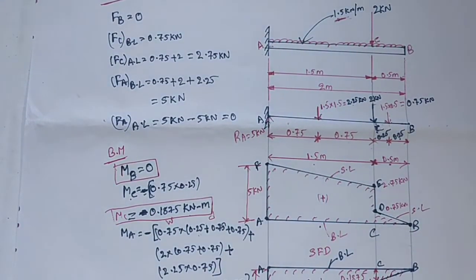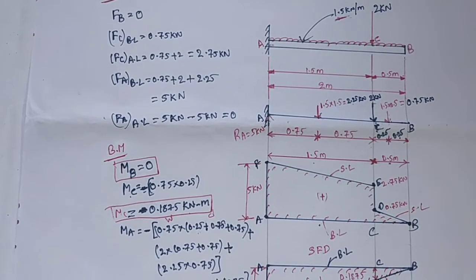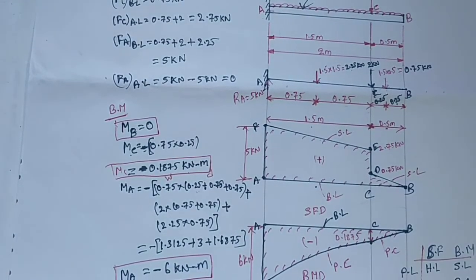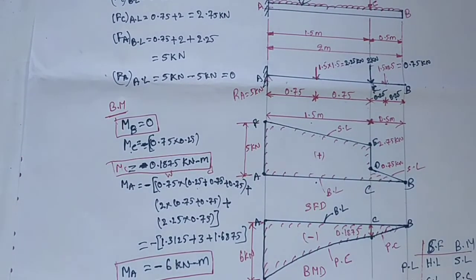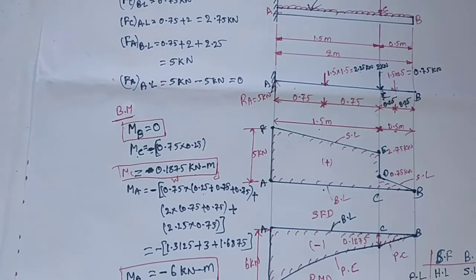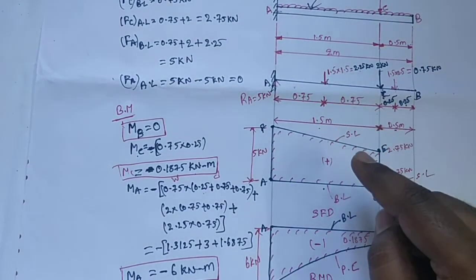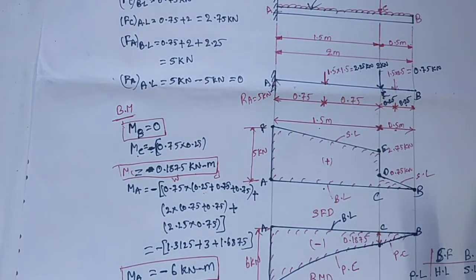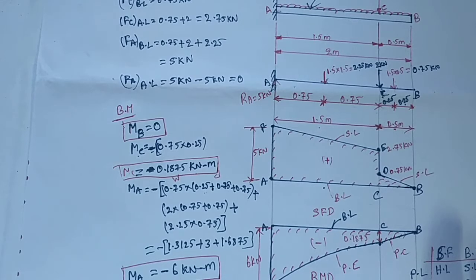After that, we need to calculate the shear force. Next, we have to draw the shear force diagram based on the shear force values. Similarly, calculate the bending moment, and after calculating the bending moment values, draw the variation of bending moment. These shear force and bending moment diagrams are both drawn below the given beam.